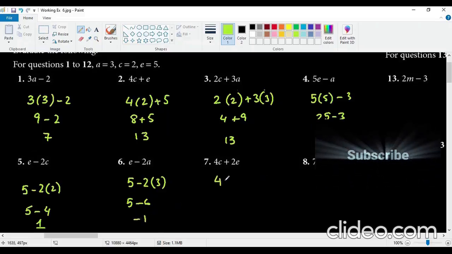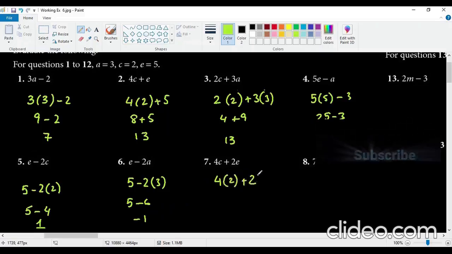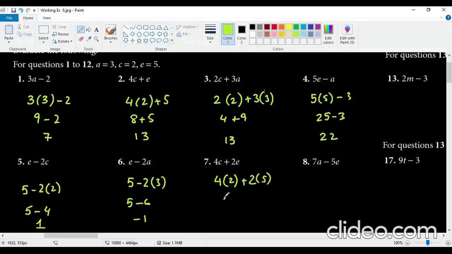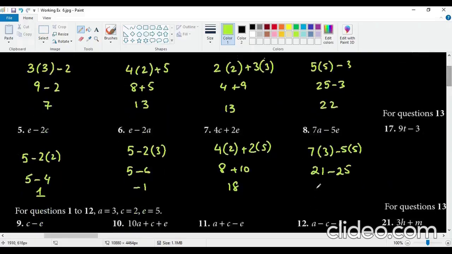For the next, 4 times c plus 2 times e, which is 5: that gives you 8 and 10, so 18 is the answer. When it comes to question number 8, it says 7 times a, which is 3, minus 5 times 5. That gives you 21 minus 25, which is going to give you negative 4.